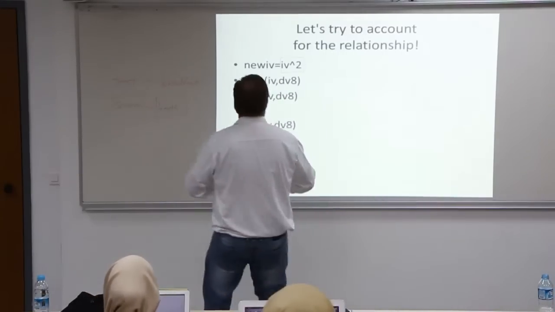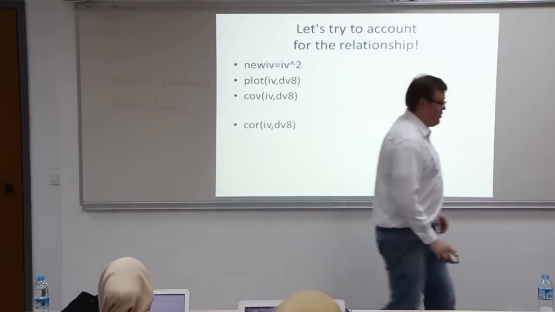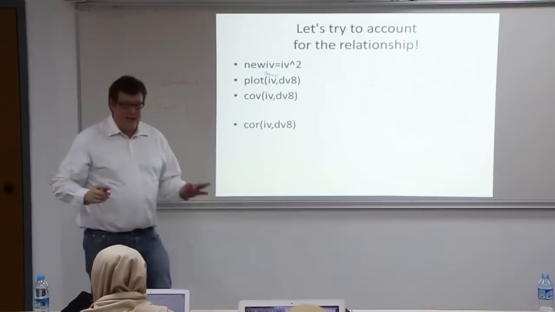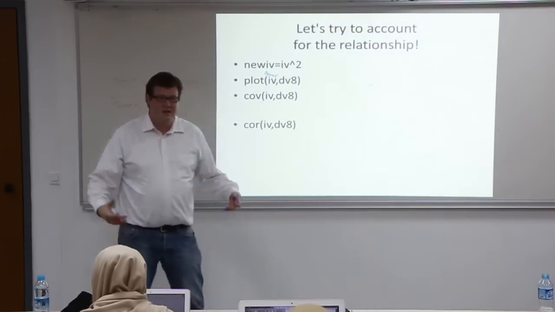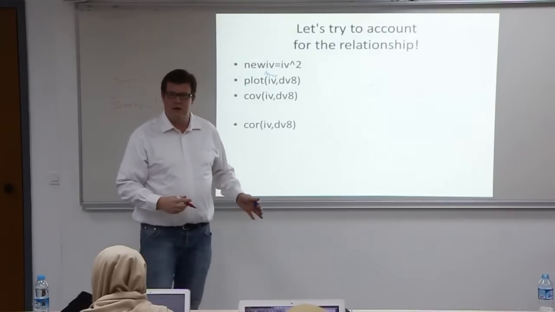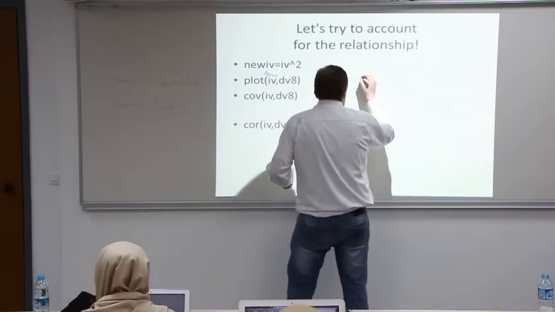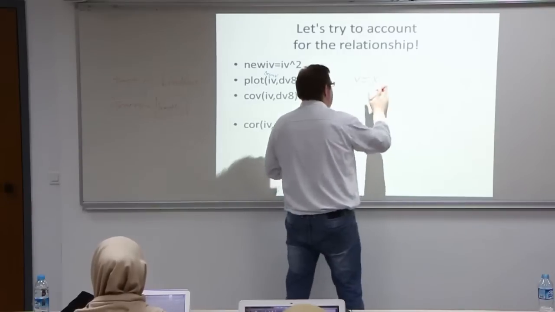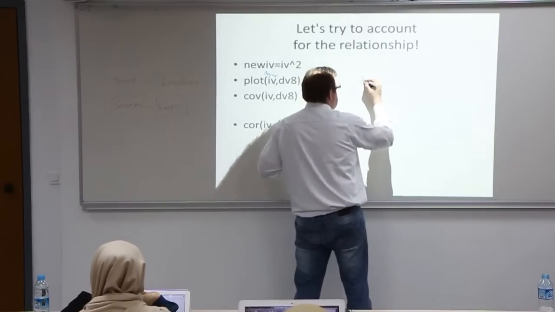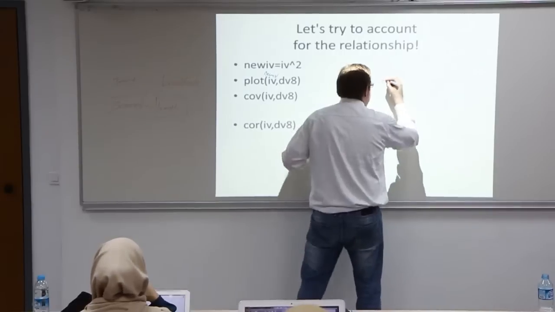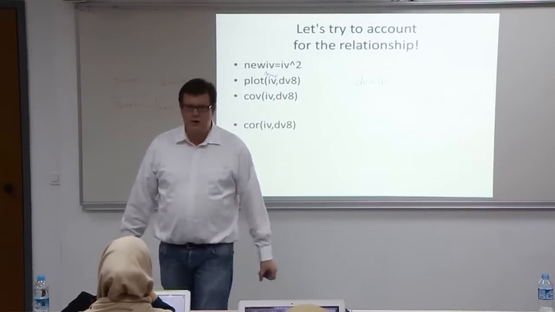Let's think about what we get. Okay, let's think about why I said new IV is our old IV squared. If we said y equals x, or we'll stop using y, we'll use DV equals IV, what will you get?